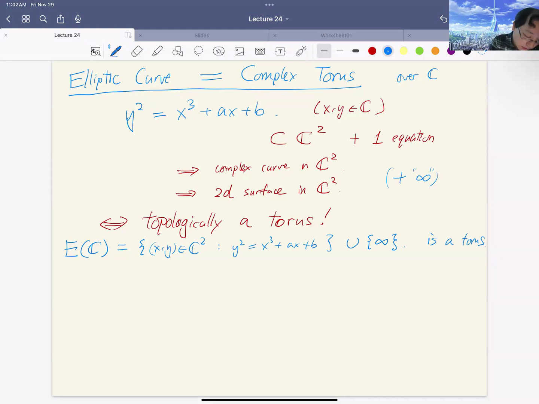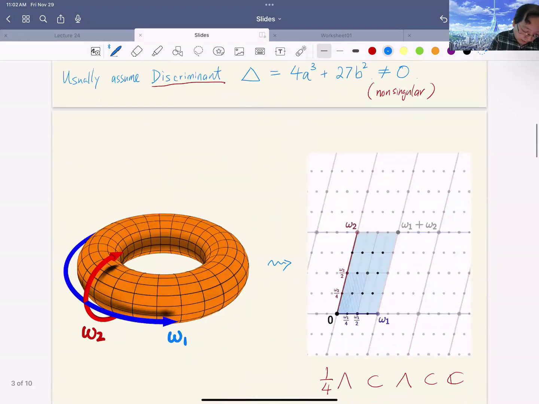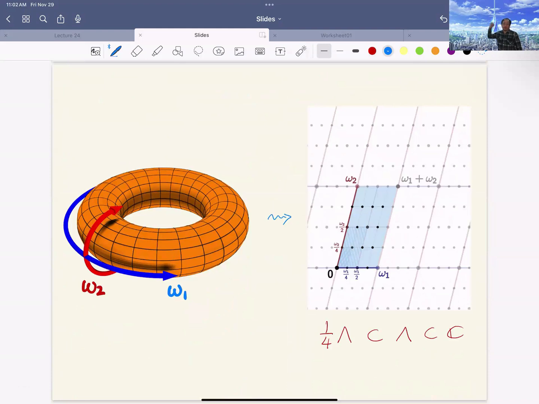So what is a torus? Do I have a picture? Oh yeah, I have a picture. So this is a torus, a donut, a 2D real thing. And the torus has two circles, longitude and latitude.